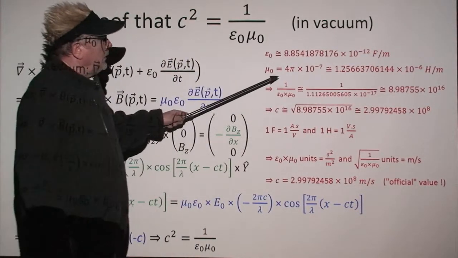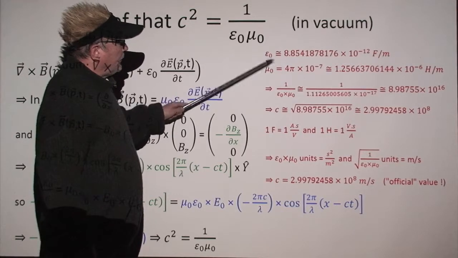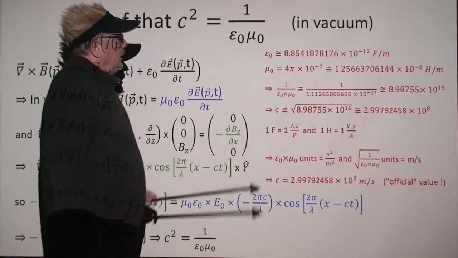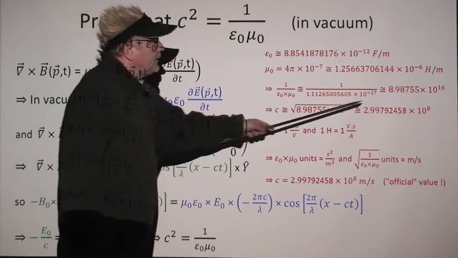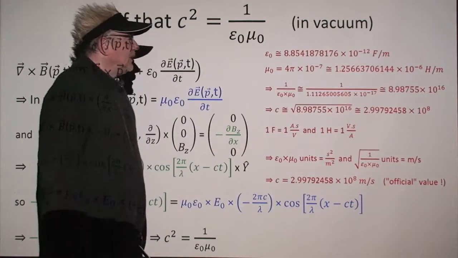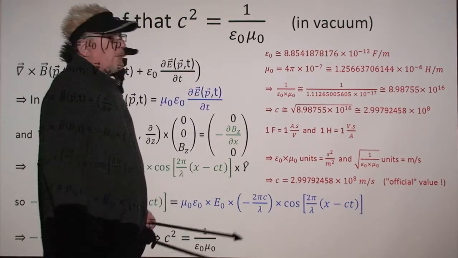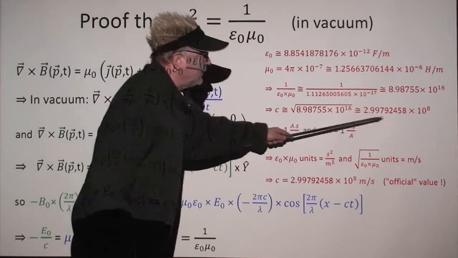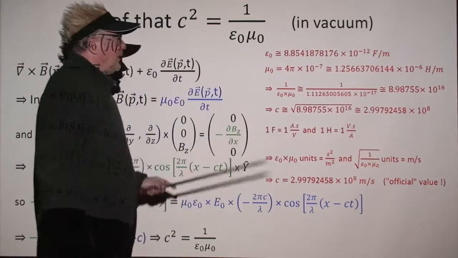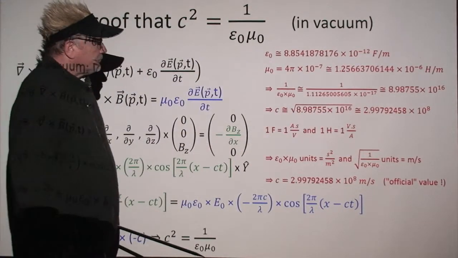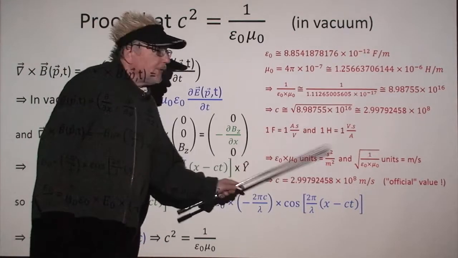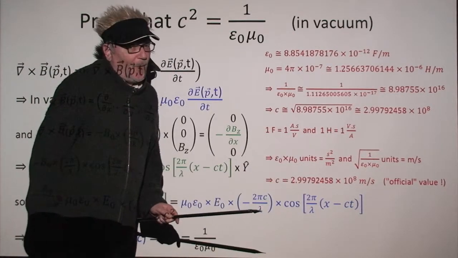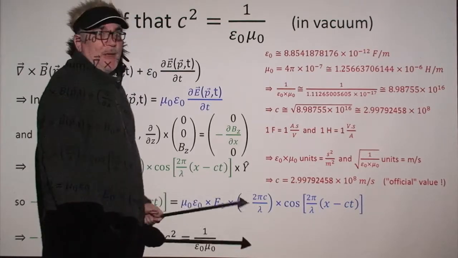And then if you take those values and take the inverse, you get something like that. Then you take the square root and you finally get the approximate value for c, which, as we'll see soon, is actually the exact value. Oh, that is magic.